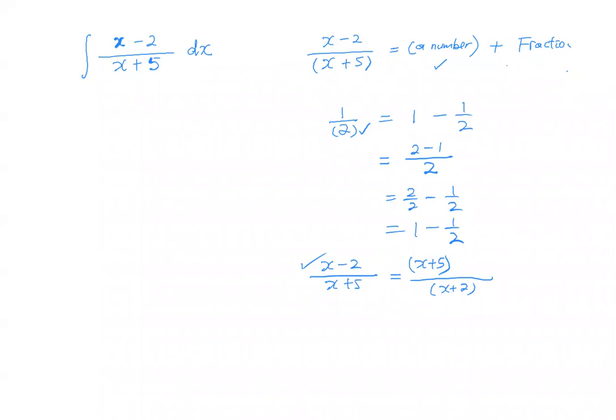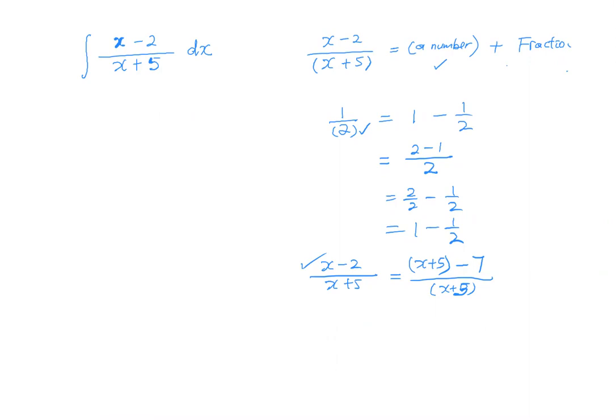So what should I do here? I should take away how many so that I can have minus 2? Minus 7. Am I right? So x plus 5 minus 7, isn't it the same as x minus 2?